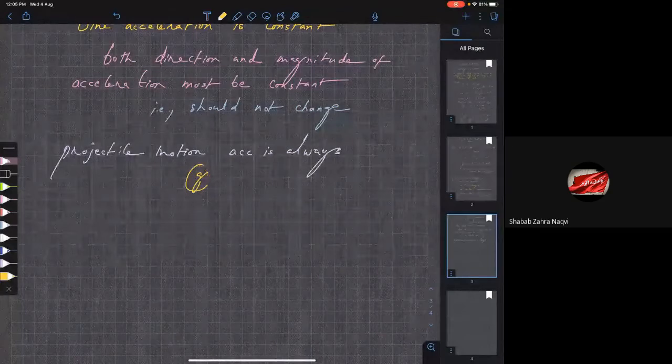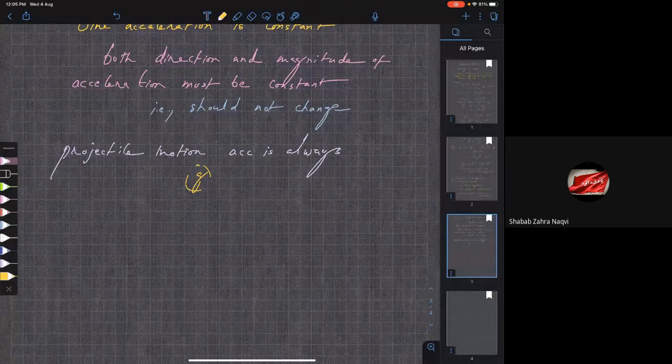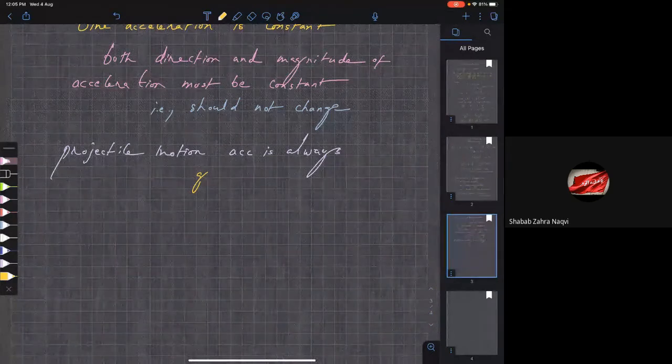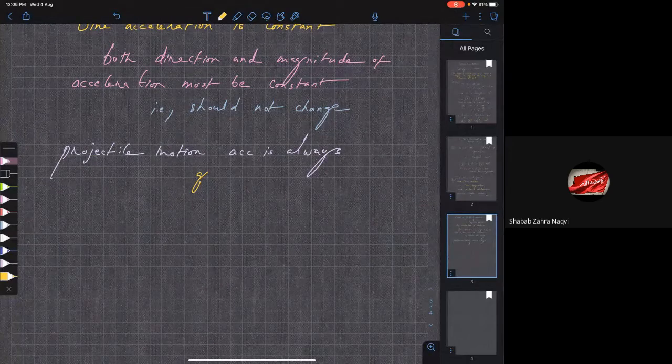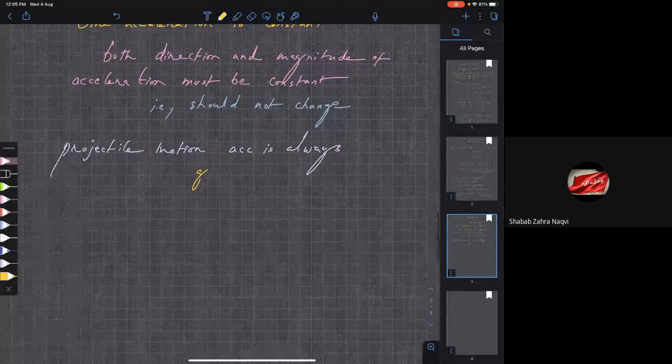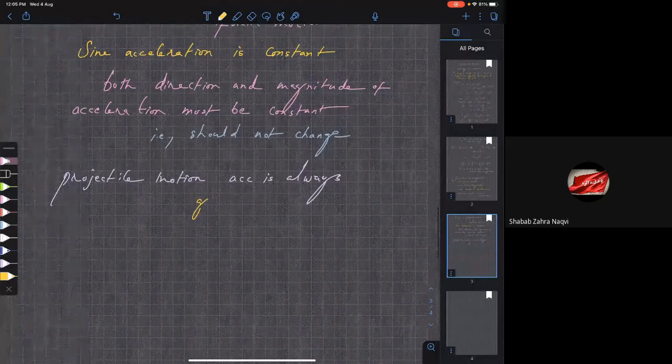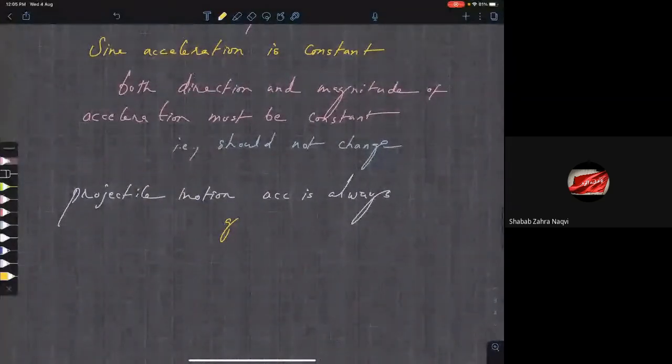So the magnitude is g and it is downwards. So because the acceleration is g and it is always downwards, what can we say? It is uniform motion. Do you agree?